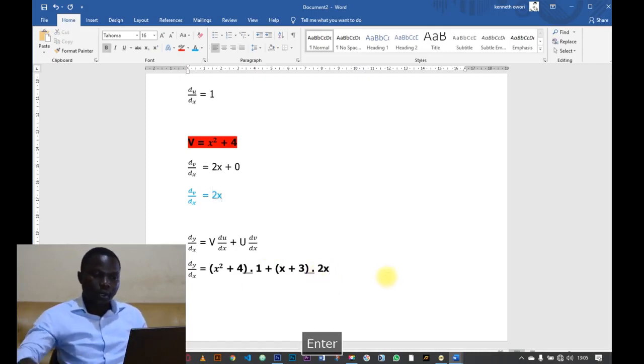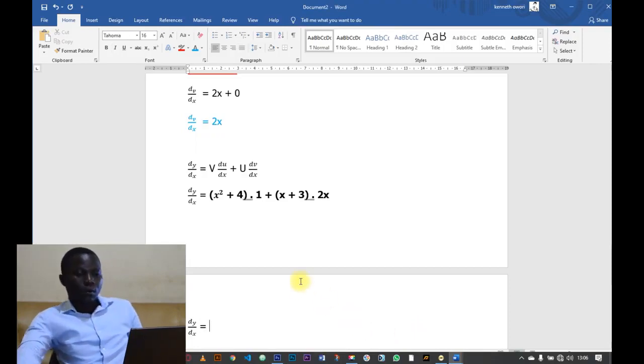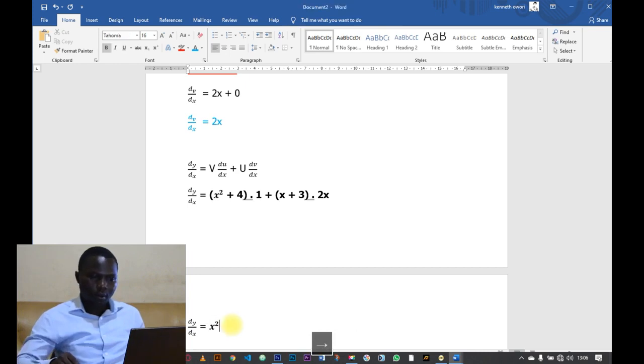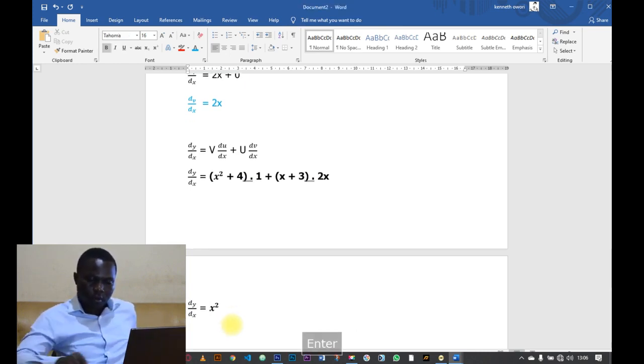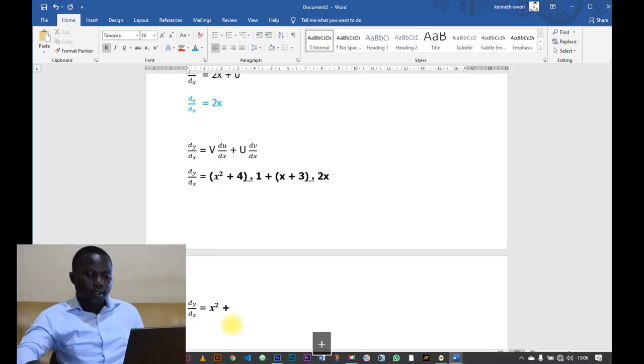So now we are going to open brackets by multiplying the respective values. So 1 times x squared, we get x squared. Plus 1 times 4. We are trying to open brackets: the values which are outside brackets multiply every variable in brackets.